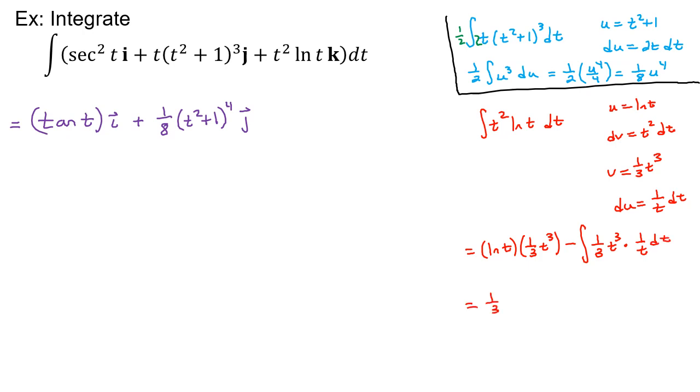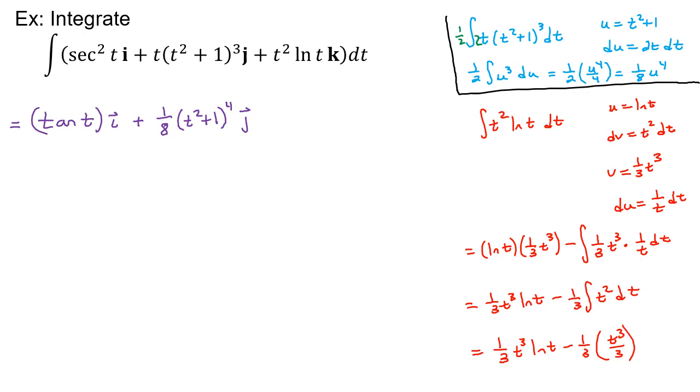So this is 1/3 t cubed ln t minus 1/3 t squared in the integral. The t on the bottom cancels one of the t's from the t cubed. And so this is 1/3 t cubed ln t minus 1/3 times t cubed over 3, adding 1 to the power and dividing by the power.